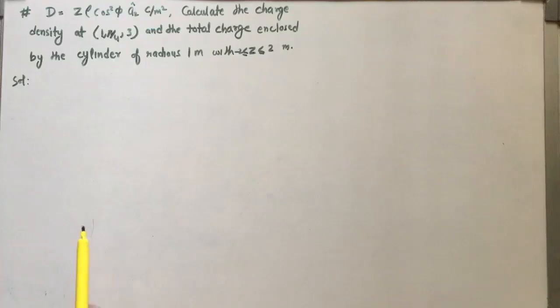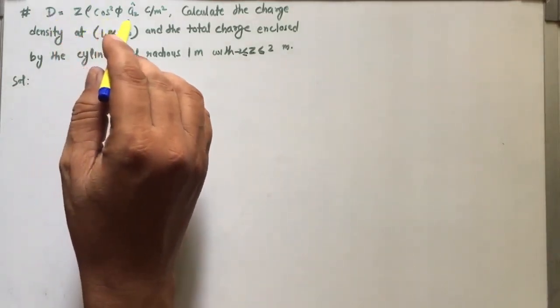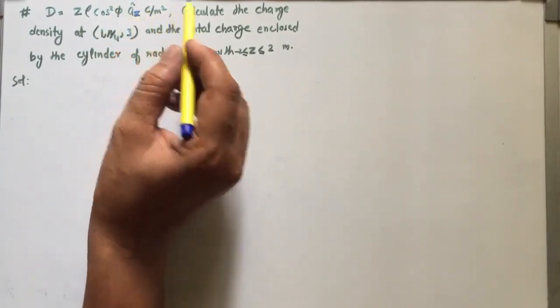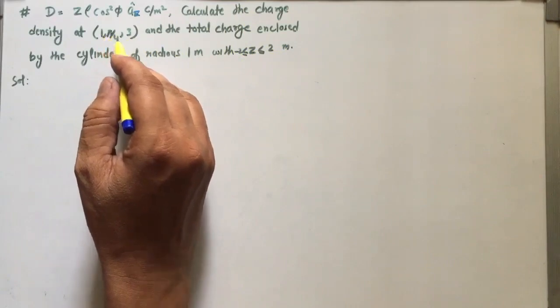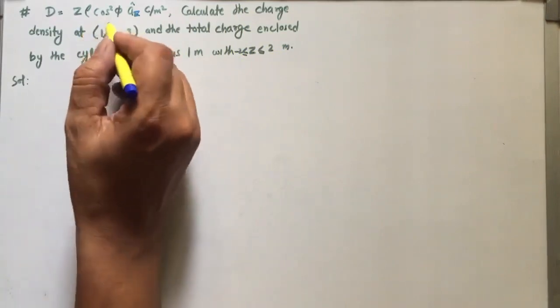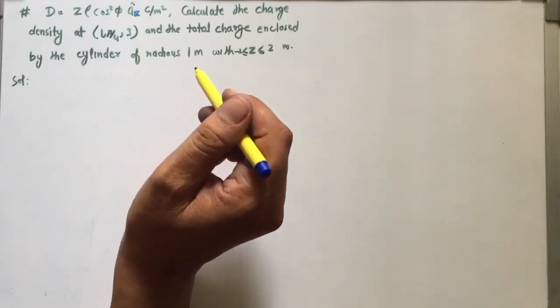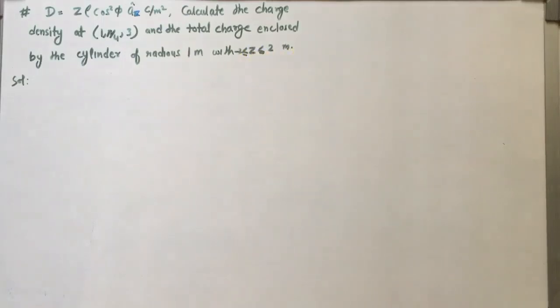Next problem, we have D equal to z rho cos square phi in the direction of az coulomb per meter square. Calculate the charge density at (1, pi by 4, 3), and the total charge enclosed by the cylinder of radius 1 meter with z equal to minus 2 to 2.